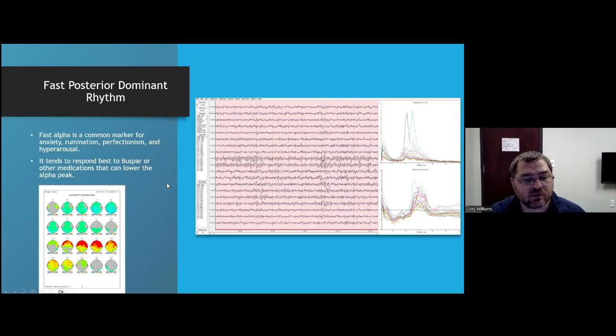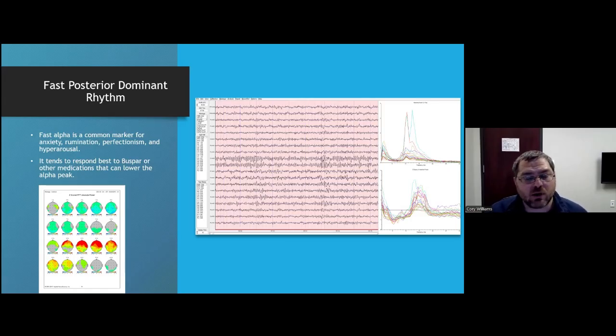And this is where getting an EEG becomes really important, at least in my mind, for people who are prescribing medication, because you have such a wide range of medications to choose from. And people who are prescribers, who are very well experienced, have been doing this for a long time, they know how to ask the right questions and how to sort of elicit the information that they need to make a very well-informed medication choice.